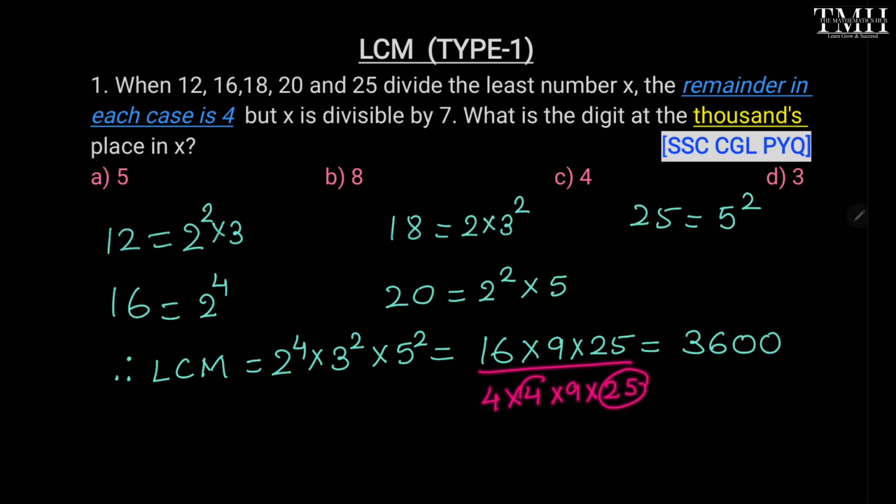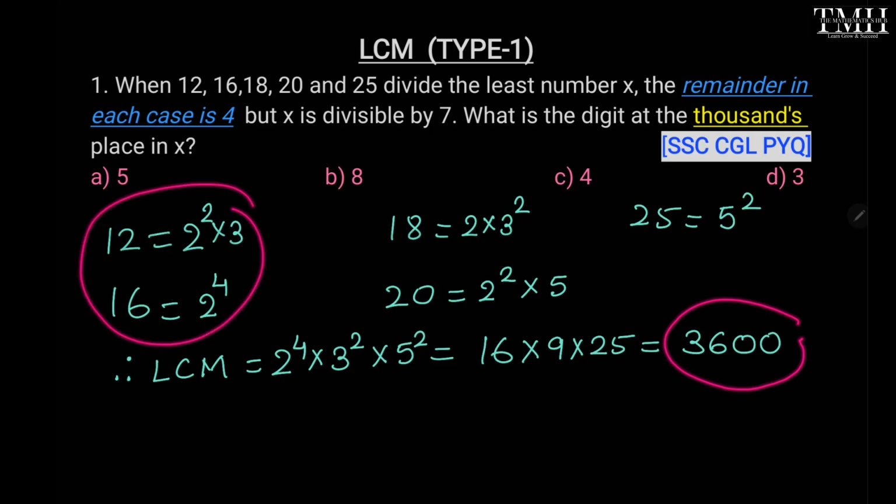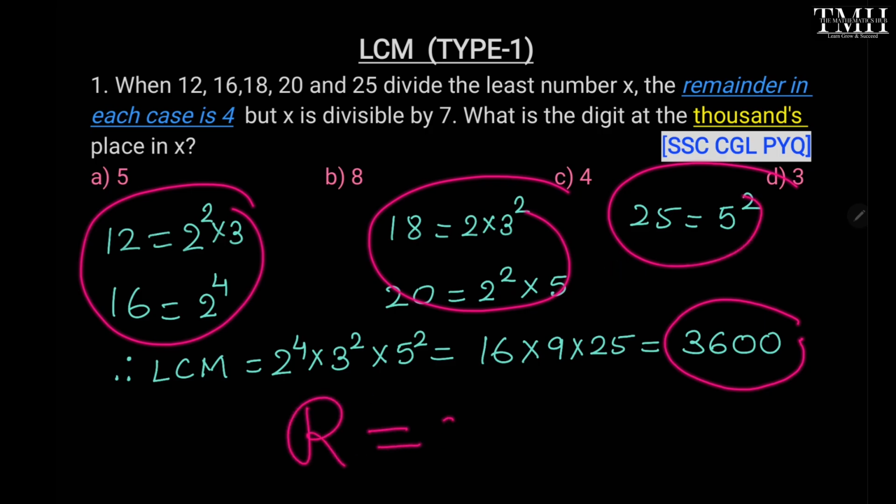Now 25 multiplied by 4 is equal to 100, we write these two zeros, and 9 fours are 36. So the multiplication is very easy here. So the LCM we have got, 3600, is a number which is perfectly divisible by all of them with the remainder 0.